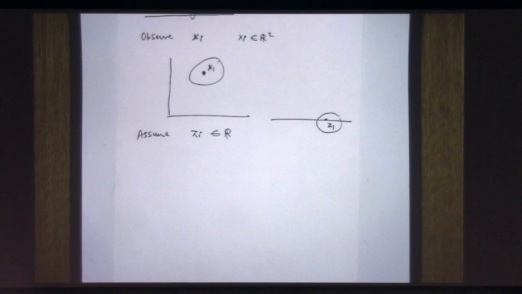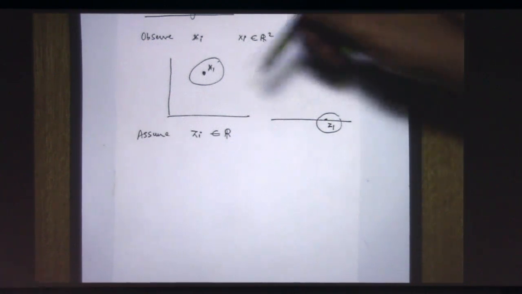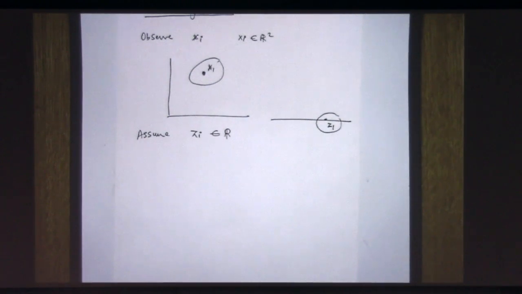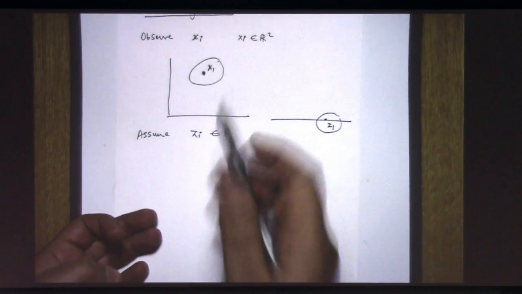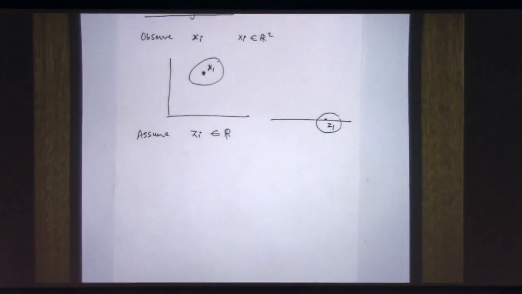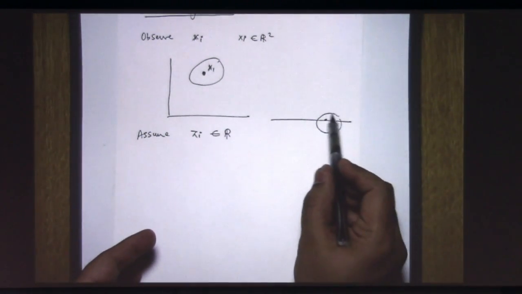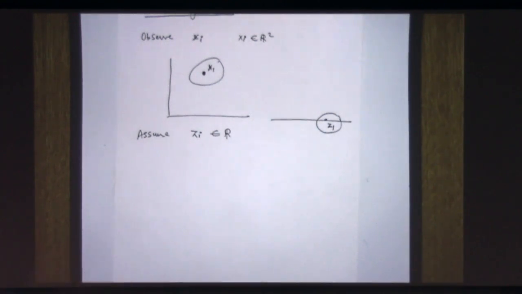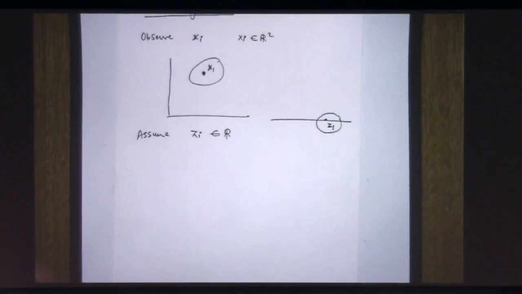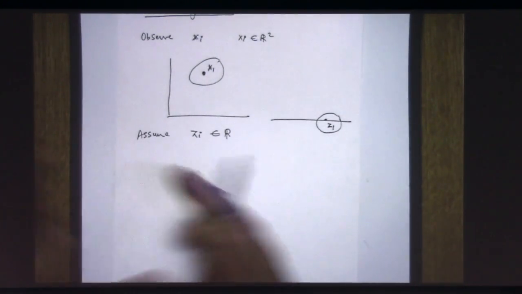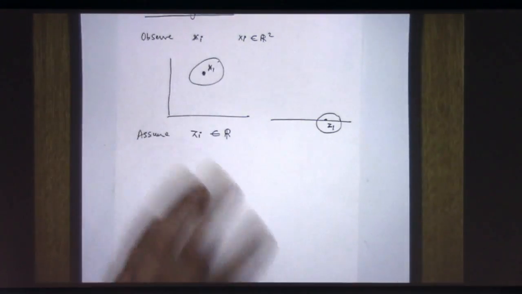In some sense, this gives you a dimensionality reduction, because you observe some data in 2D space, but in reality there is some hidden variable in one-dimensional space which actually generated this 2D data, right? So our task is to learn this inverse mapping.